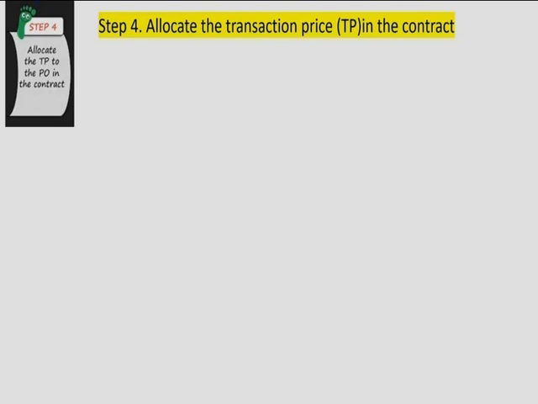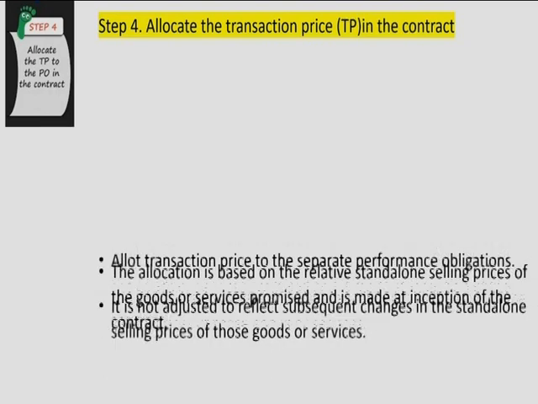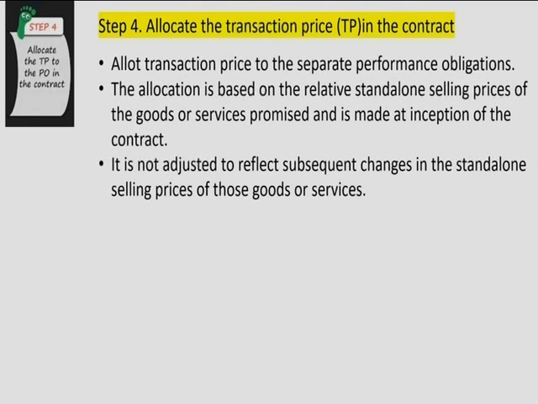Step number 4: allocate the transaction price in the contract. Allot the transaction price to the separate performance obligations. The allocation is based on the relative stand-alone selling price of the goods and services promised and is made at the inception of the contract. It is not adjusted to reflect subsequent changes in the stand-alone selling price of the goods or services.